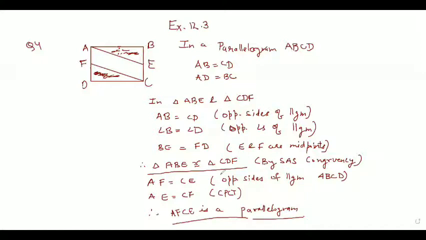We have just made the triangles congruent by SAS, and by the rule of opposite sides of parallelograms, we have proved opposite sides as equal. So AFCE is a parallelogram and triangle ABE is congruent to triangle CDF. Hope the question is quite clear. Now come to question number 5.